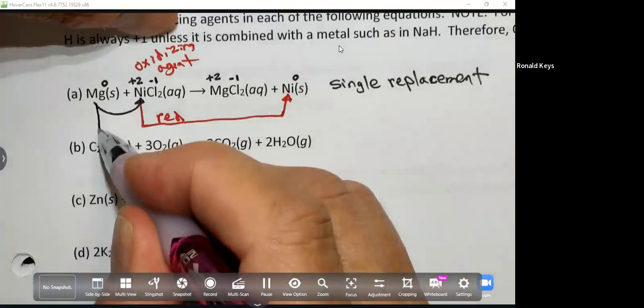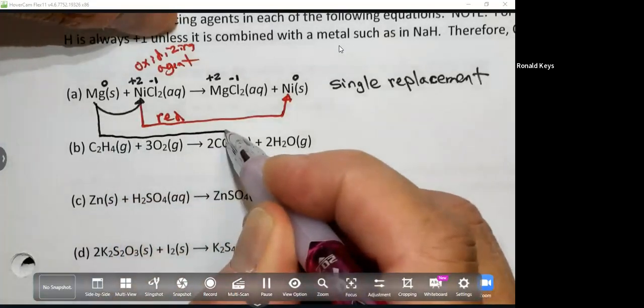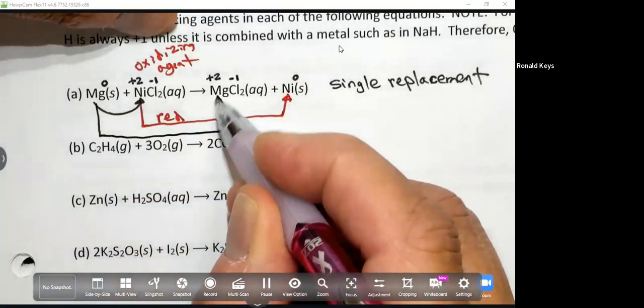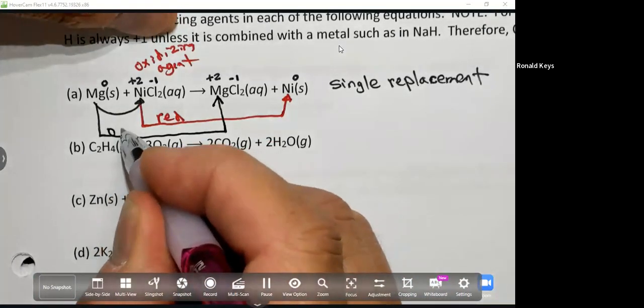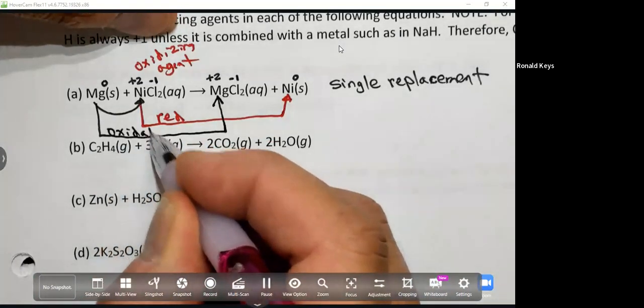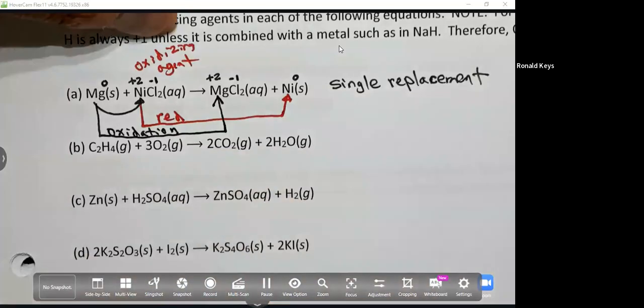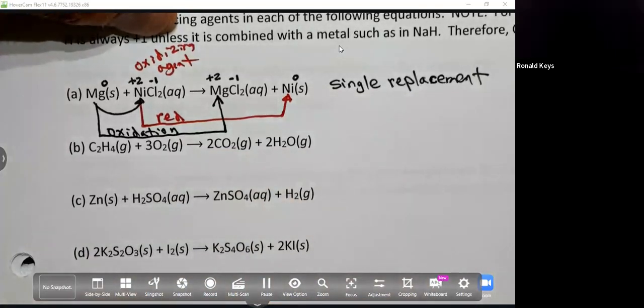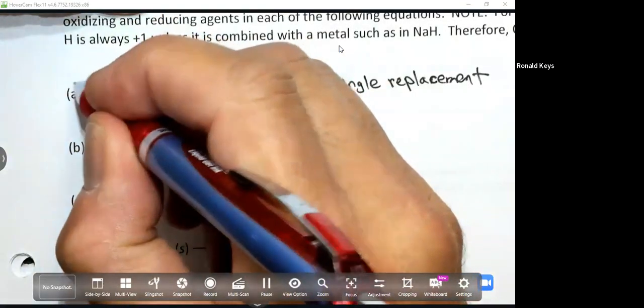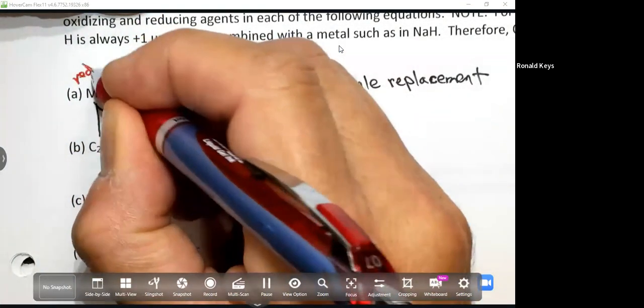And magnesium here is becoming more positive, so that is oxidation. This is my reducing agent.